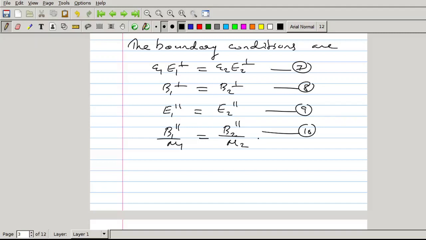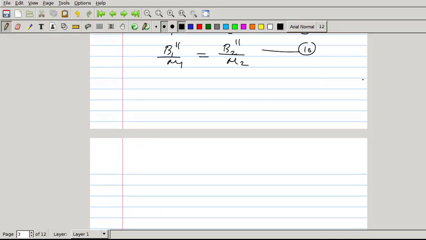So when we apply the boundary conditions, we take the combined fields in medium 1. What are they?